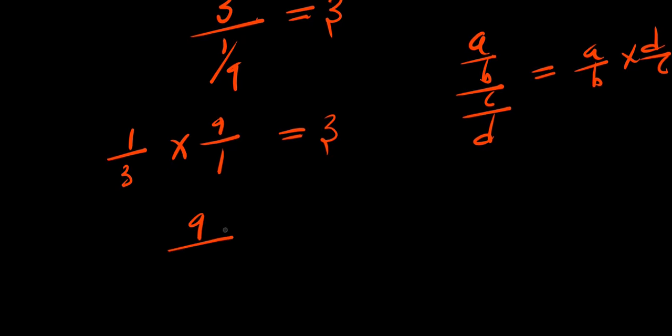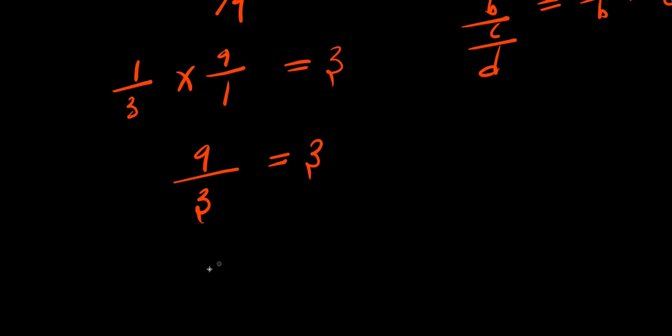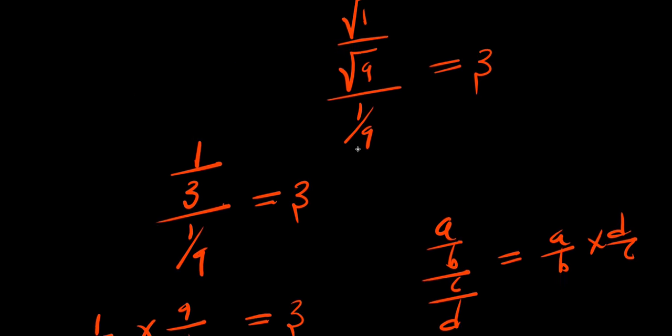This is 9 divided by 3 times 1. Have 3 equals 3. So from here, 9 divided by 3 is 3 and this equals 3. So I can say that the only value of x that satisfies this equation is when x equals 1 over 9. So guys, this is it, the only value of x that satisfies this equation.